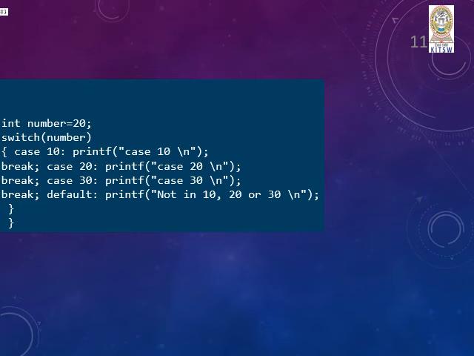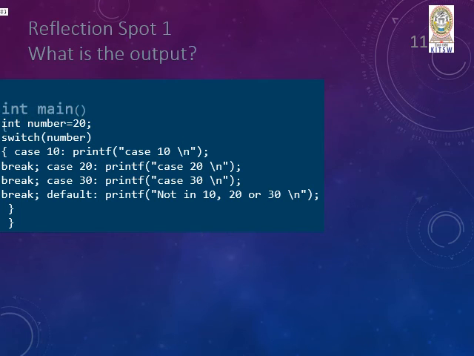And this is a switch case. So try to find out what is the output for this program. Take a few seconds and try to solve this one. Since we are giving number equal to 20, 20 is passed to the switch case.